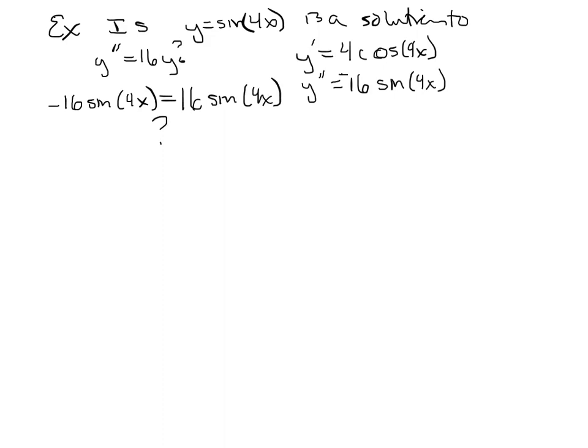Does that equal? No, because of that negative sign. If you carried this through, divided by 16 on both sides, and divided by sine of 4x on both sides, you'd get negative 1 equals 1. That is definitely not true. And so, no, this is not a solution.